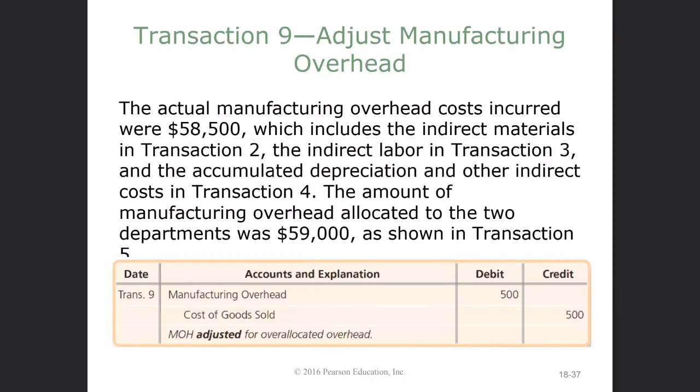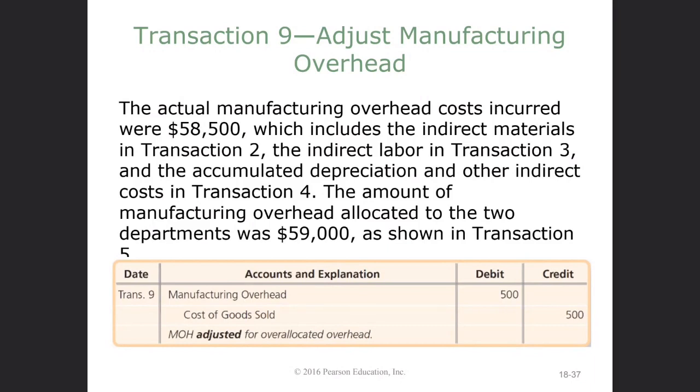So we have over-allocated, because we allocated $1,000 at the beginning of the period, and now at the end of the period, it's only $800. We over-allocated by $200. Or it could be swapped. Maybe we allocated $1,000 at the beginning of the period, but it was $1,500 at the end.